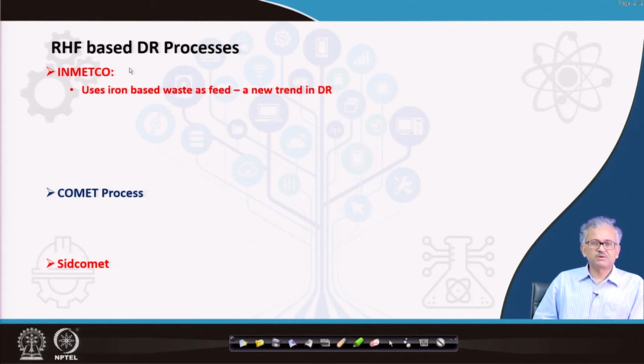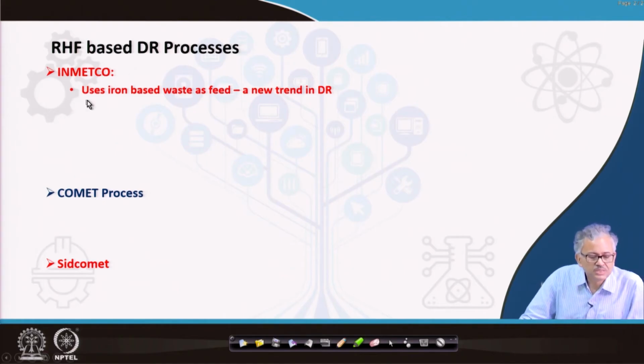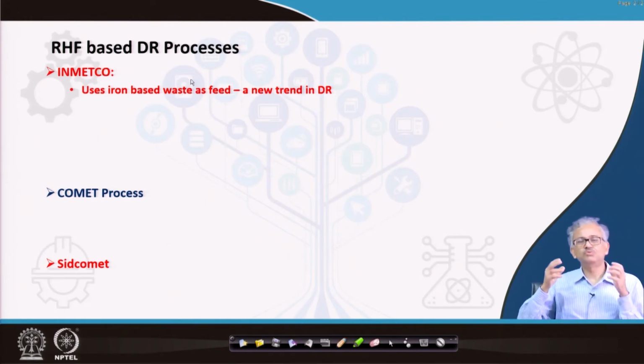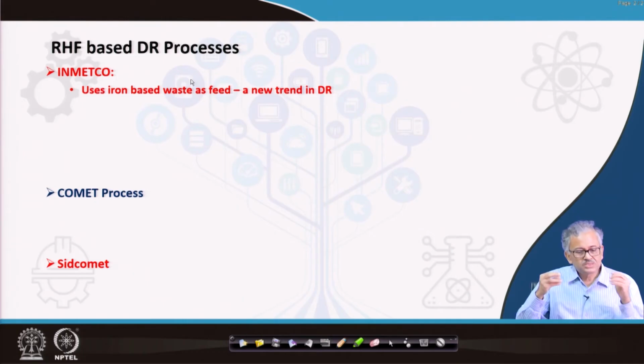Later on they converted their furnace to sponge iron production, and they use iron based waste. From the beginning, their first aim was to utilize the iron bearing waste material rather than the iron ore. So it uses iron based waste material as the feed. That is a new trend in the DR process.